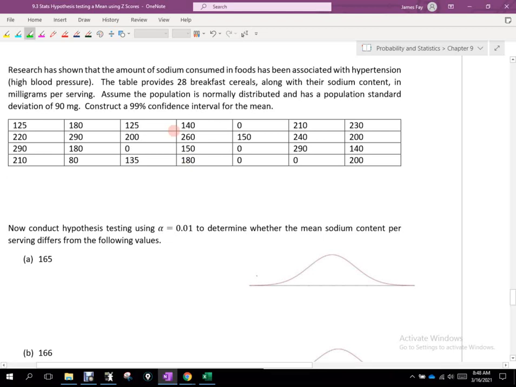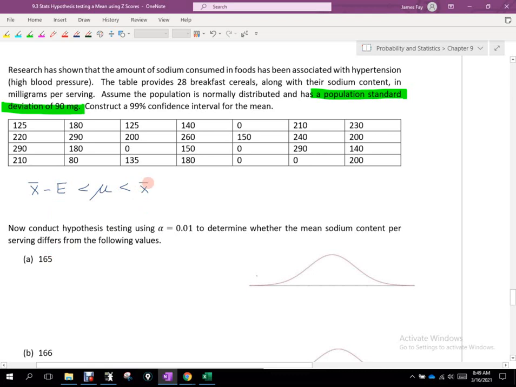Okay. So we know the population standard deviation is 90. When you know the population standard deviation and you're trying to develop a confidence interval for the mean, if you remember, our mean is going to fall between our point estimate, which is our sample mean, which would be the average of these things, which we'll come up with in a moment, minus our error.